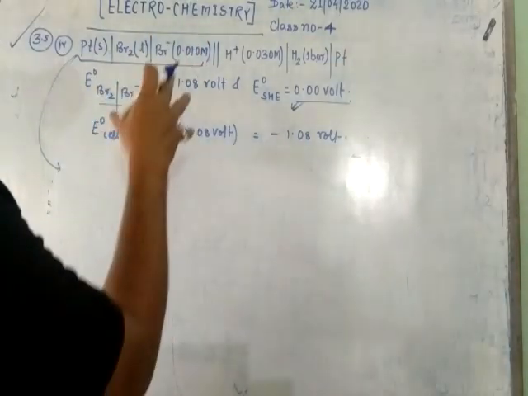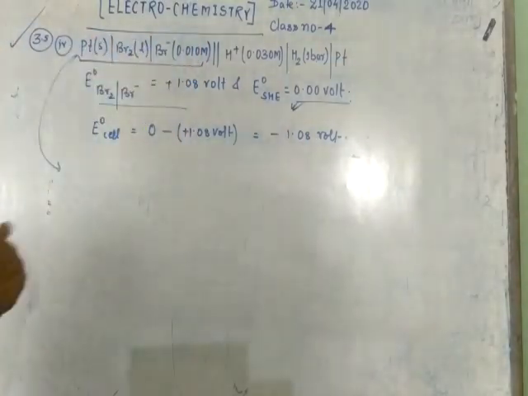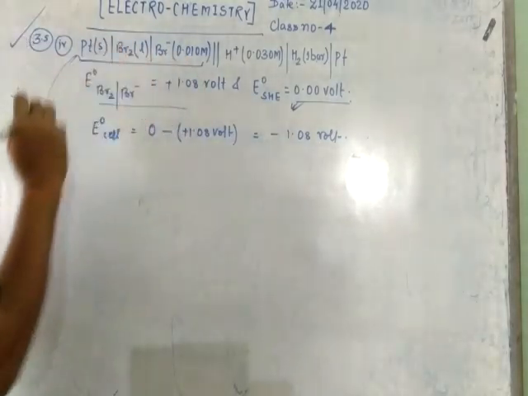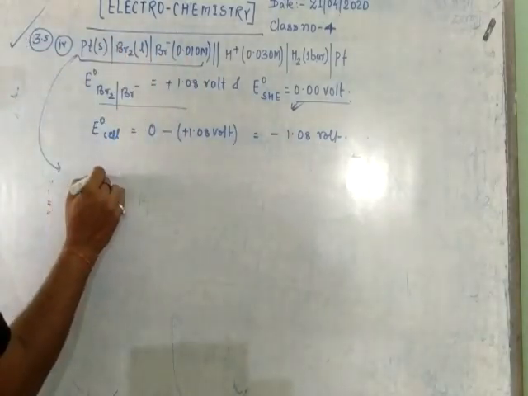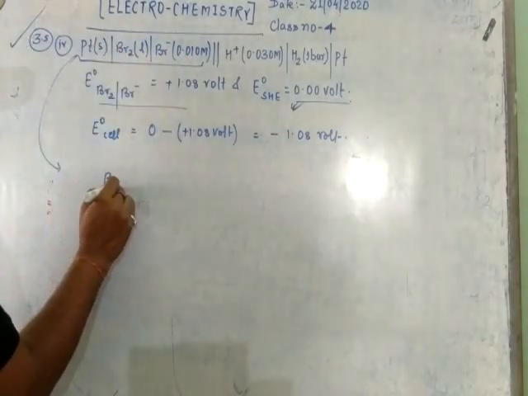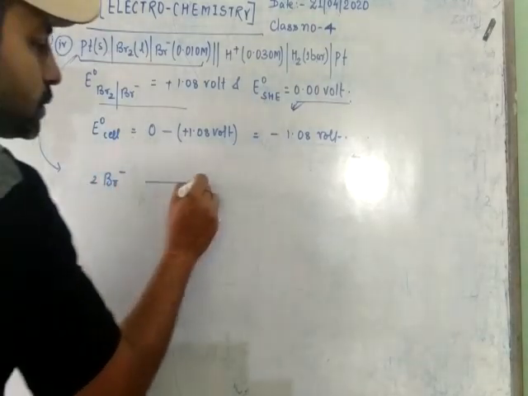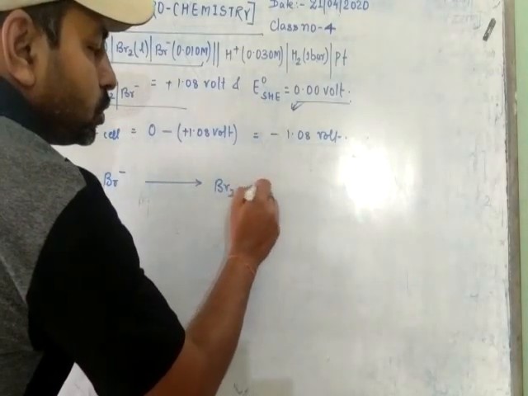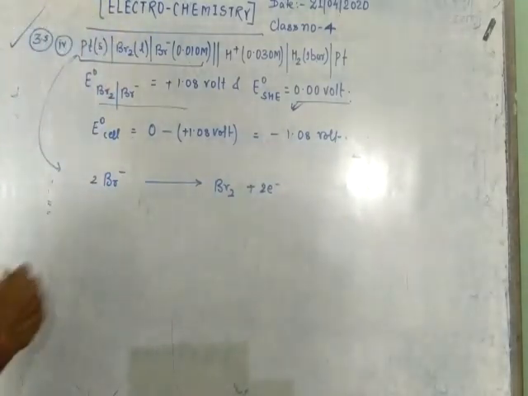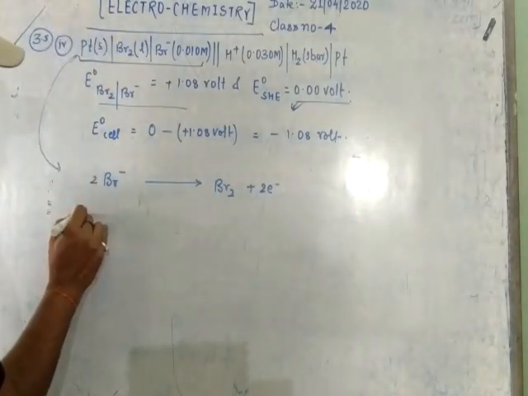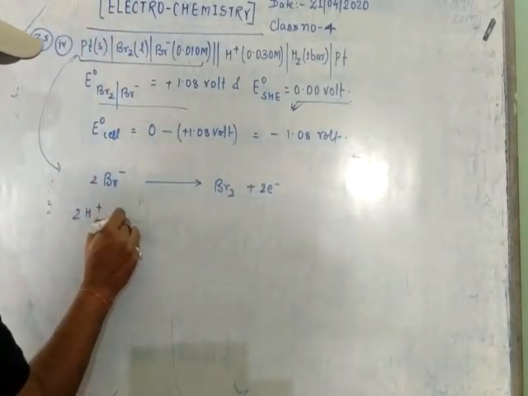At the left side, oxidation takes place. So Br minus converts into Br2 by losing 2 electrons, and 2H+ gain 2 electrons to give H2.